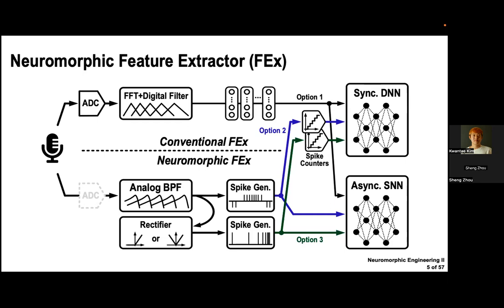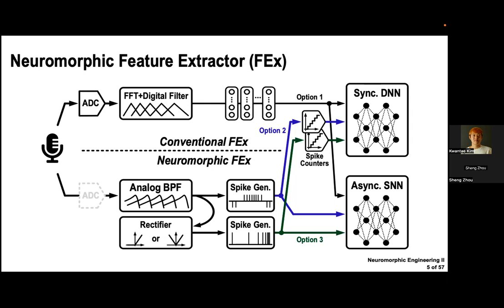On the other hand, in the neuromorphic feature extractor, we bypass this power consuming ADC, and it goes to an analog bandpass filter, and the output of the analog bandpass filter goes to a spike generator or through a rectifier and spike generator. And we can call these option 1, option 2, and option 3. For the neuromorphic feature extractor, option 2 and option 3 correspond to it.